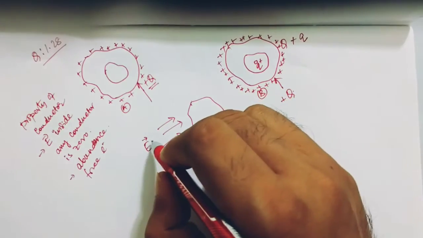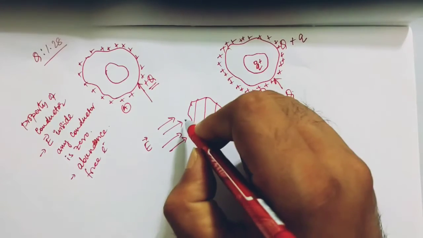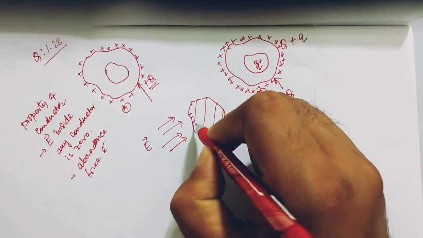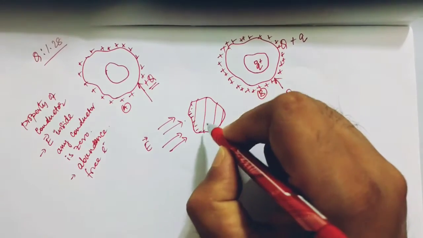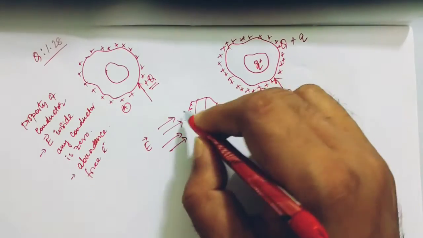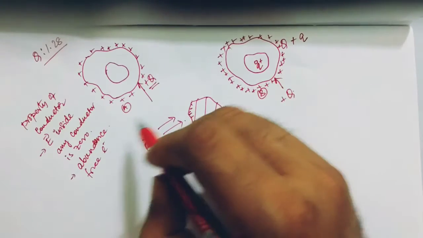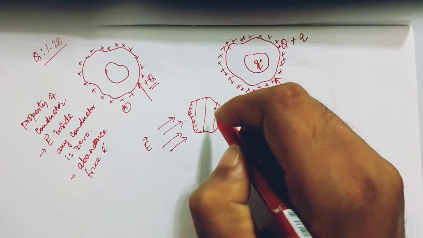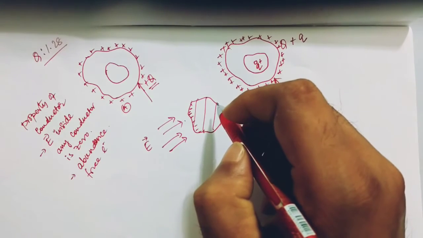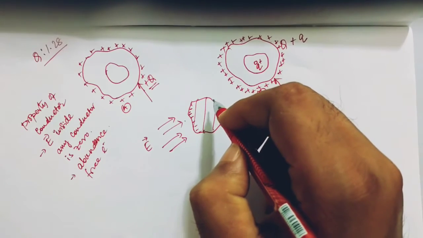When you put an electrical field on this conductor body, the free electrons will come to this side. Electron flow is not restricted, because this is a conductor, not a dielectric. In a dielectric the movement of electrons is restricted, but in a conductor free electrons can move and rearrange themselves.